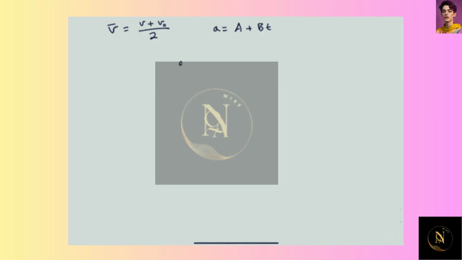So I know that I can say a is dv dt, and then we can say from that our dv is a dt, pretty simple. And now we need to integrate. So I'm going to integrate dv and a dt.